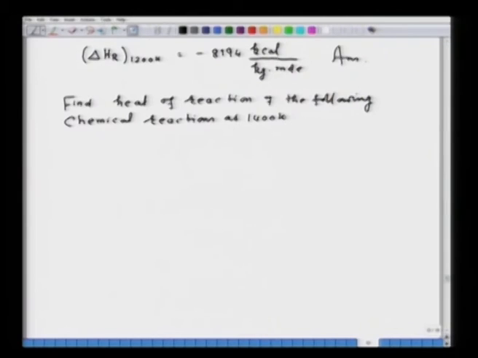Just for your practice, C solid plus O2 gaseous gives CO2 gaseous, find this out. Also find out for this reaction, CO2 gaseous plus C solid gives 2CO gaseous.